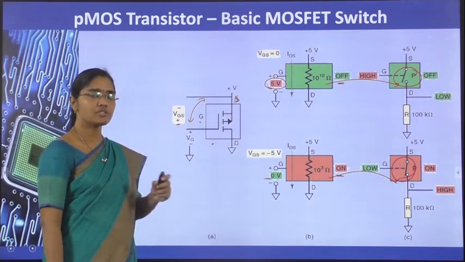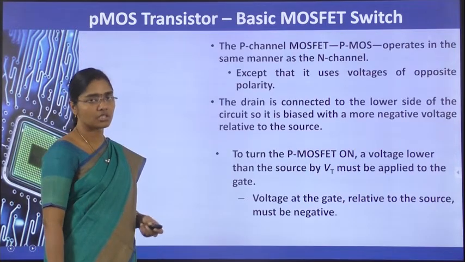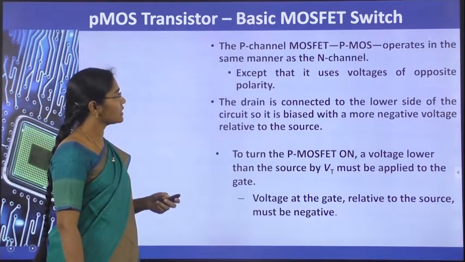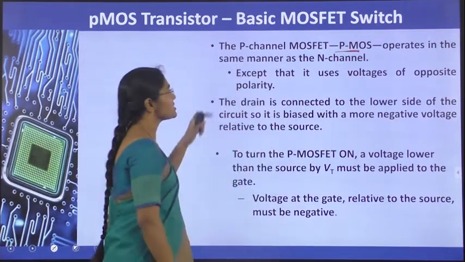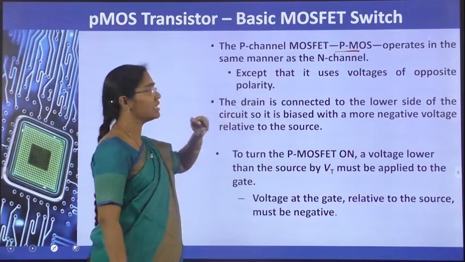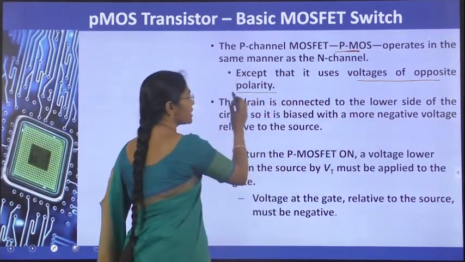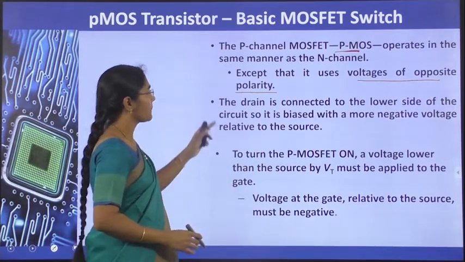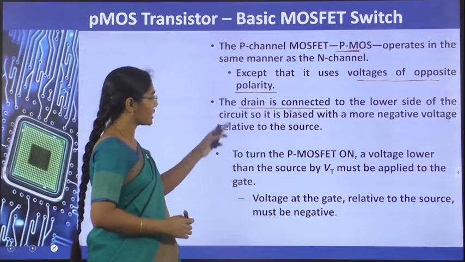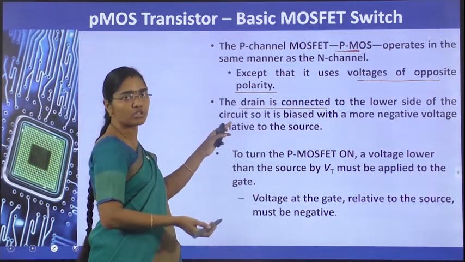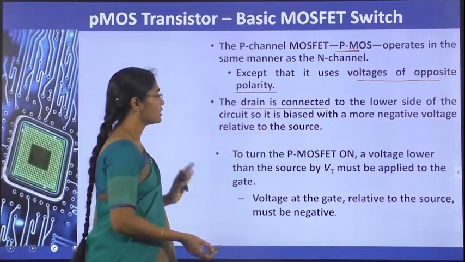Therefore, PMOS is also acting as a switch for both values of input, logic 0 and logic high. The same is written here. The P-channel MOSFET, that is the PMOS, operates in the same manner as the N-channel but with voltages of opposite polarity. The drain is connected to the lower side of the potential compared to the source in the PMOS circuit.